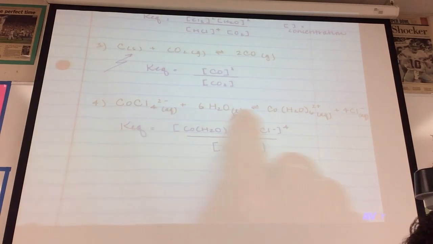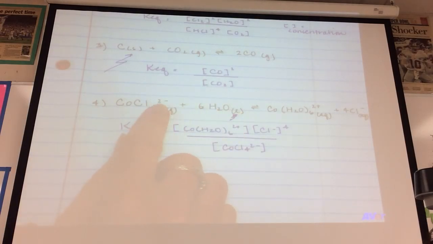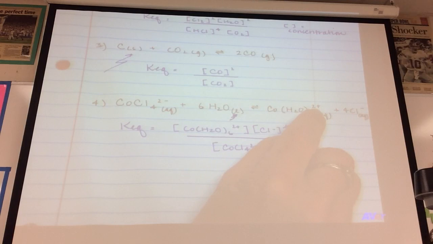Well, when you balance an equation, not only do you balance for atoms, but you also balance for charge. So on the left side of the equation, you have a net 2 minus from here. And on the right side of the equation, you have 2 plus 4 minuses for a net 2 minus. So the charge has to cancel out overall, otherwise you've made a little boo-boo. That'll be important in net ionic equations.